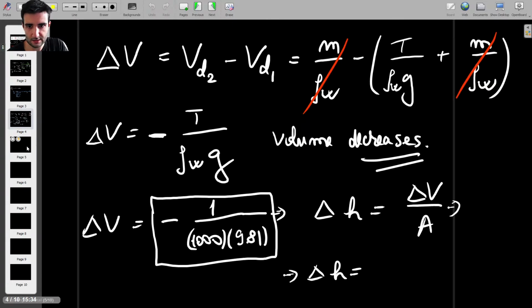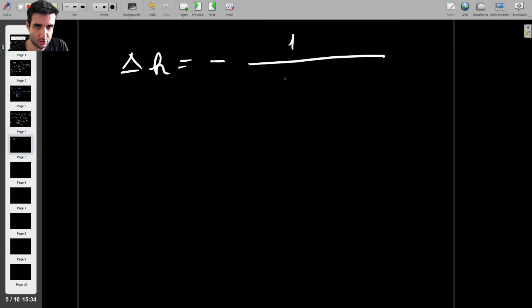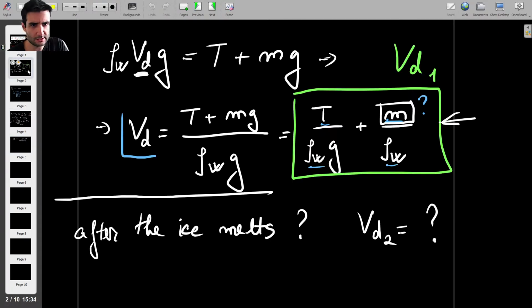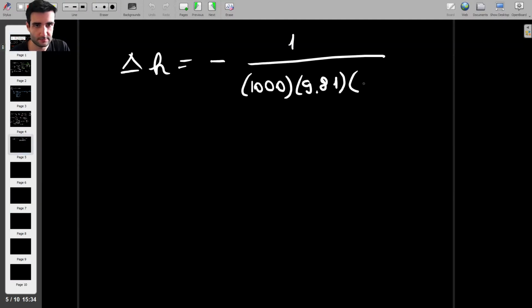So we have minus, and then we have 1 over 1,000 times 9.81, and this is multiplied with the area that is 0.04. Everything is in SI units. So let's see how much we get. So it's 1,000 times 9.81 times 0.04.